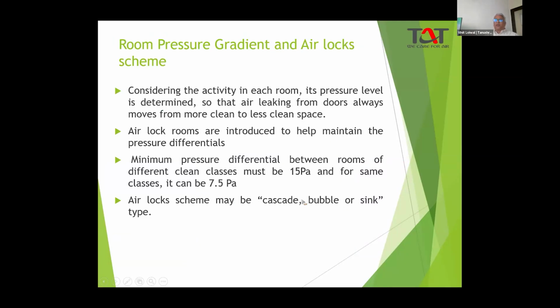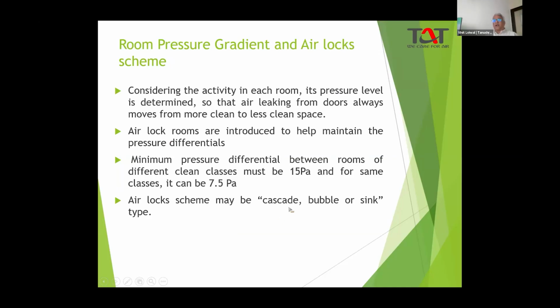Airlock rooms are introduced to help maintain the pressure differential. This is most important: a barrier has to be given between the two areas. The minimum pressure difference between rooms must be 15 Pascal, and for the same class it can be 7.5 Pascal. Airlock schemes may be cascade, bubble, or sink type.